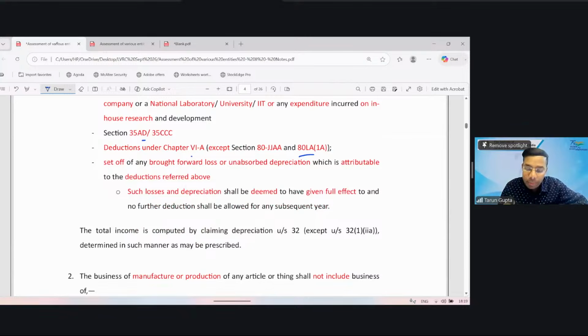Total income is computed by claiming depreciation under section 32, determined in such manner as may be prescribed. It means the maximum rate of depreciation allowed to the cooperative society opting for this section is 40%. Okay. So these all are similar to what we discussed in case of companies.